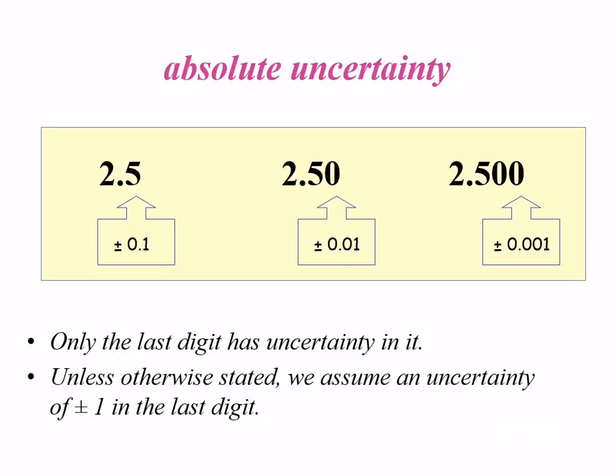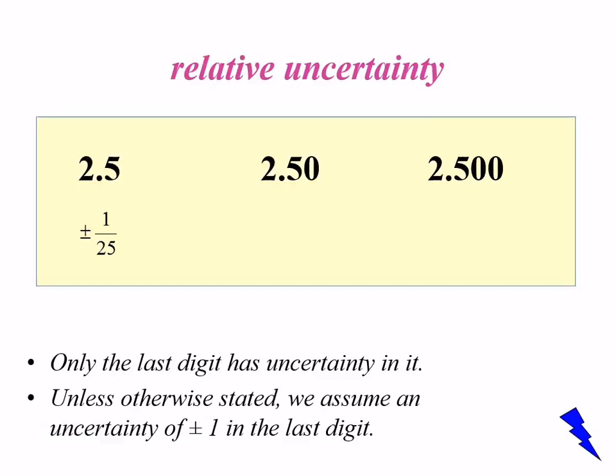And if those are our uncertainties, if we divide those uncertainties by the value, where did that 25 come from? Well, this 25 came from dividing 1 over 25, excuse me, by 2.5. If you divide 0.1 by 2.5, does that equal 1 over 25?